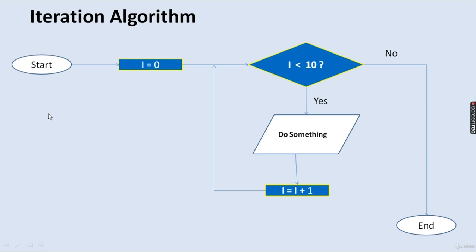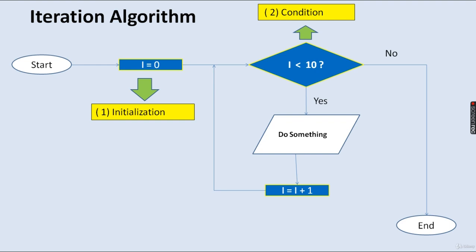It can be converted to any programming language. Whenever we try to program using Java or Python or any language, we have to take into consideration the parts of the loop algorithm in computer science. The first part is the initialization of the counter, and the second part is the condition.